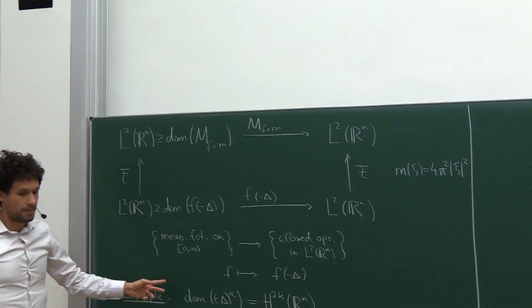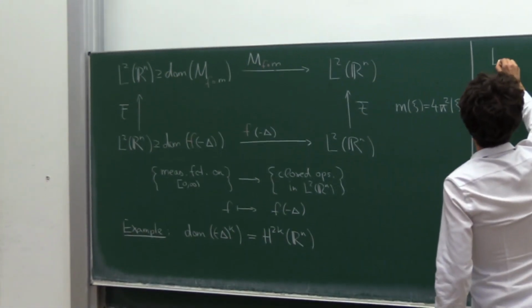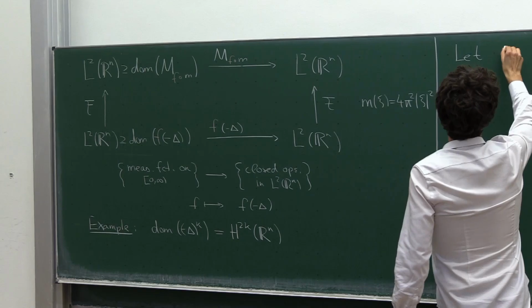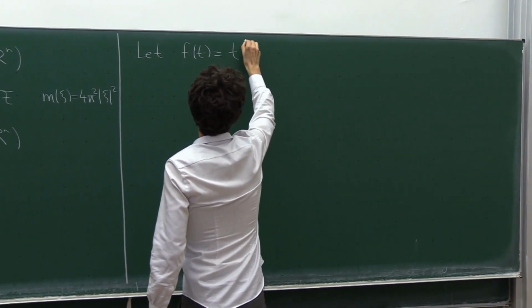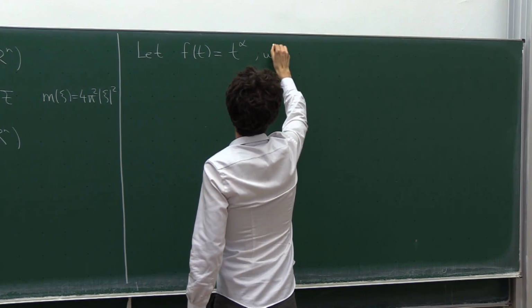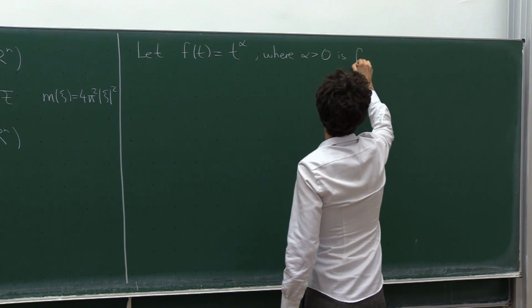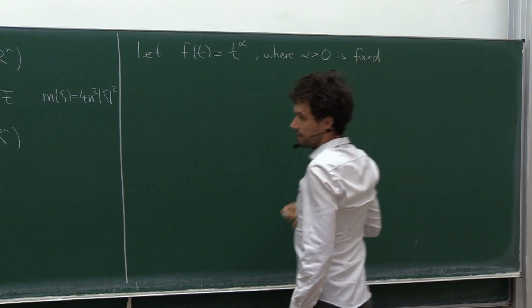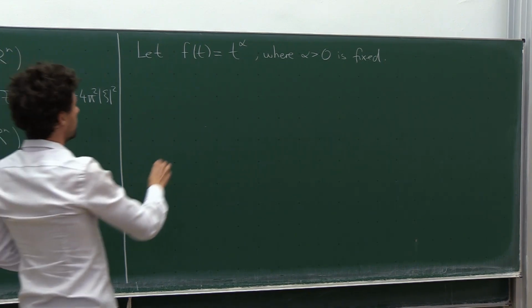Okay. Now, if we already looked at power functions, the next interesting function would probably be to take f of t to be t to the alpha, where alpha positive is a fixed number. Then this power function t to the alpha is a measurable function on the positive real numbers, and so we can associate with it an operator.